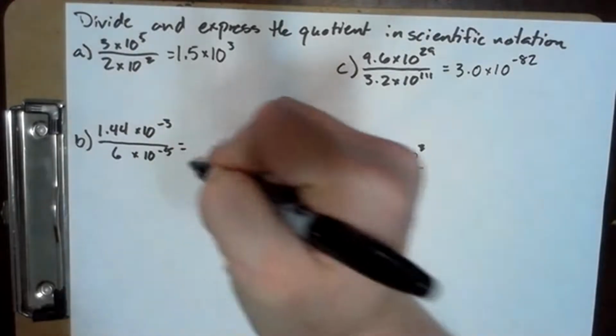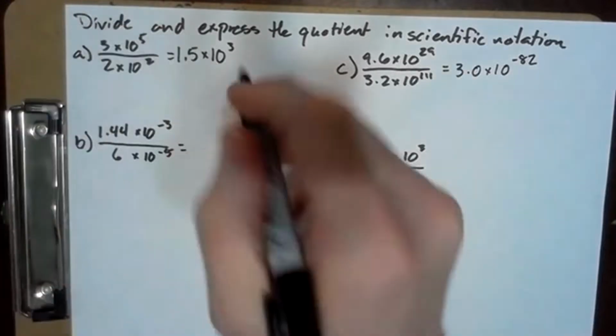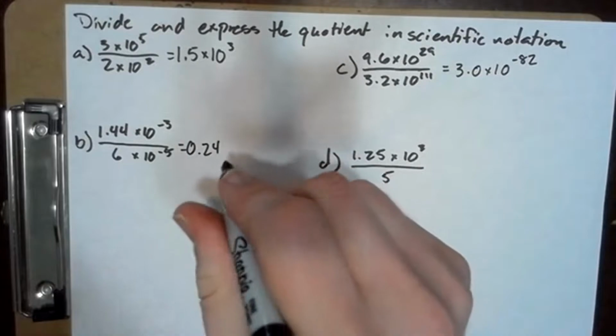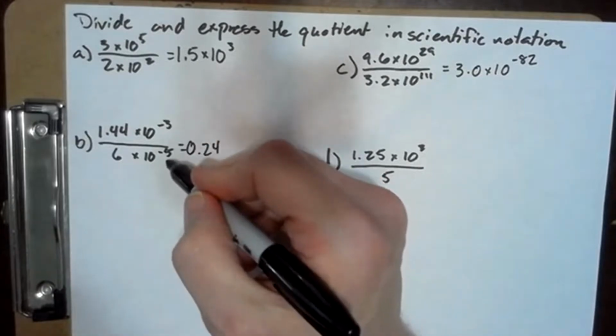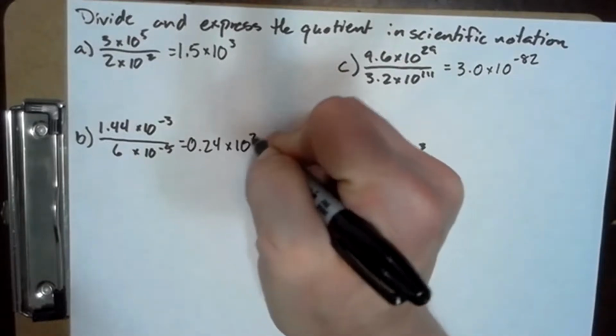1.44 divided by 6 is 0.24, so we're going to have to move the decimal place after we're done. Negative 3 minus negative 5 is positive 2, times 10 squared.